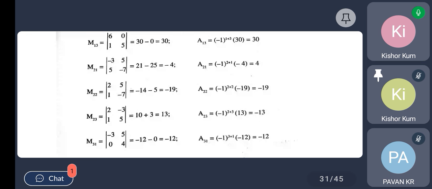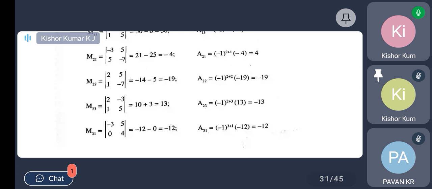Yes, that's good. So after this, I will move to calculate the M22 value, and you just repeat the same procedure. For M22, M23, you have to delete the corresponding row and the corresponding column where the element lies.